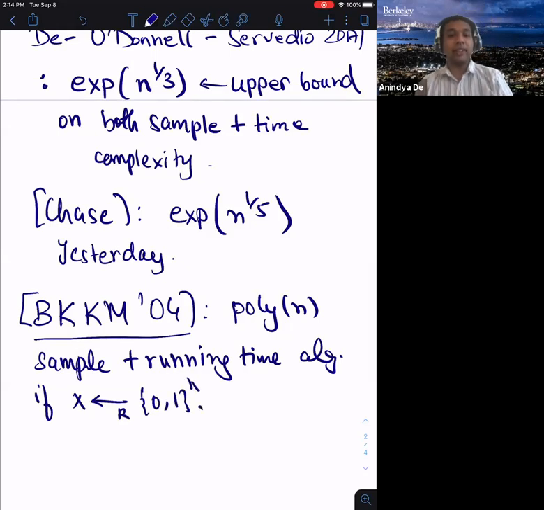So the model is that X is not arbitrary, but is just a uniformly random n-bit string from the hypercube.